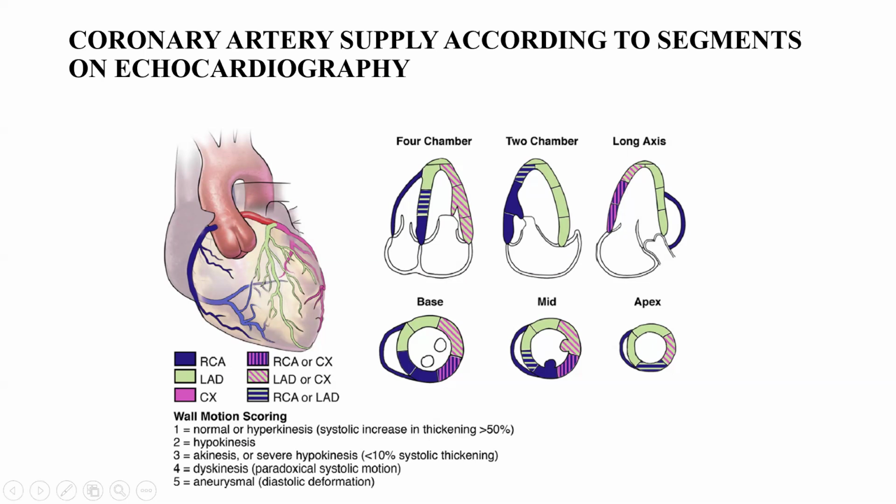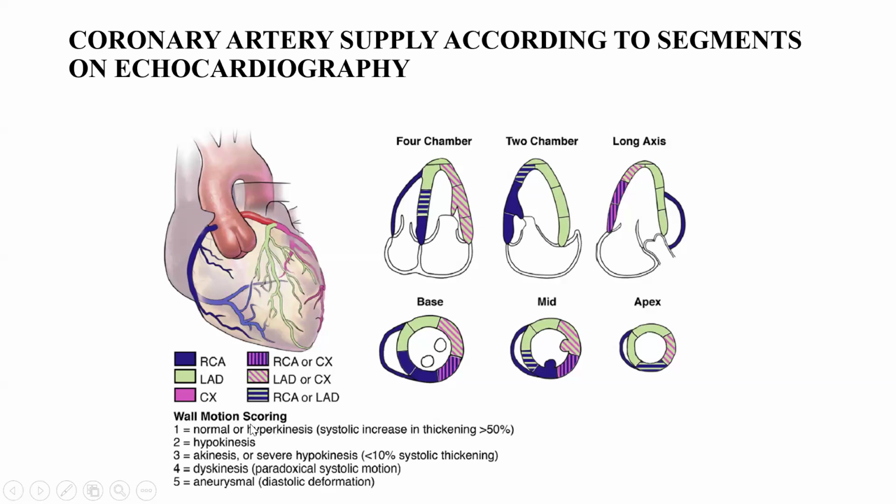Now, we all know regional wall motion abnormality, as you could see below, is defined as either normal, hypokinesis, akinesia, dyskinesia, or aneurysmal. Each is assigned a score. So normal is 1, hypokinesia is 2, akinesia is 3, dyskinesia is 4, and the dyskinesia is in systole. Whereas aneurysmal is dilatation or bulging out of a part of the wall, even in diastole, that's 5.